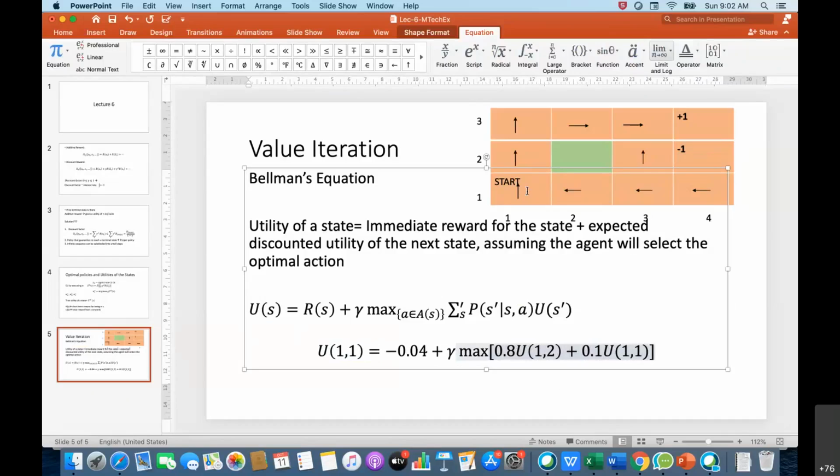If it goes left, it will remain in the same block, with a probability of 0.1 of being in the same block. Similarly, it also has a probability of 0.1 to reach the block. What? Can you say? U of what?